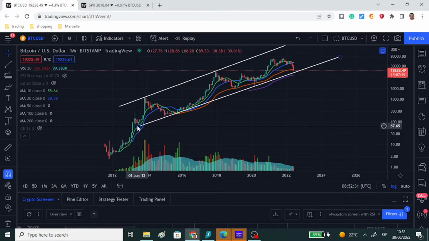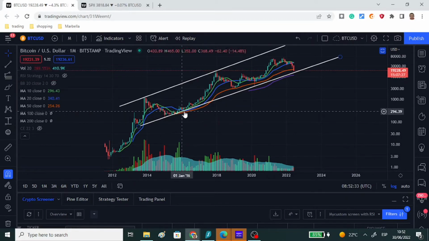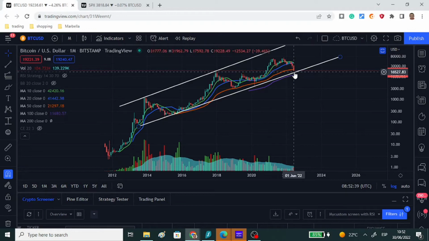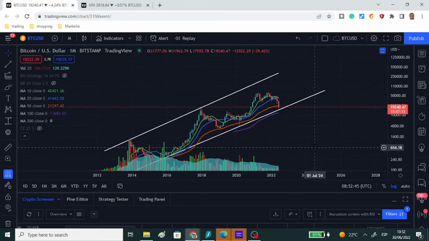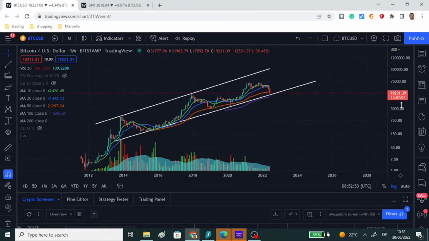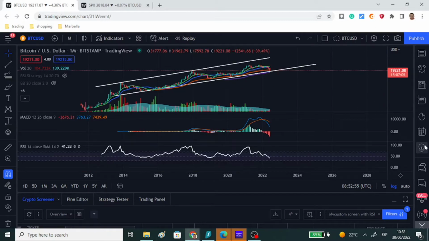So support zone here, all the way to here, and then here, and it bounced up, and then we are really close here. So there might be a possibility that when it hits down there at this level, it's going to bounce up, or it may go down. We don't know.